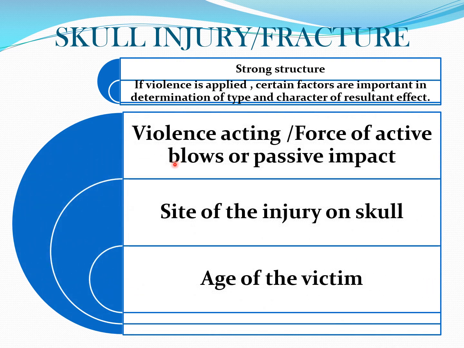These factors are the violence acting, or the force of active blows or passive impact, the site of the injury on the skull, and the age of the victim. So we will discuss them one by one.